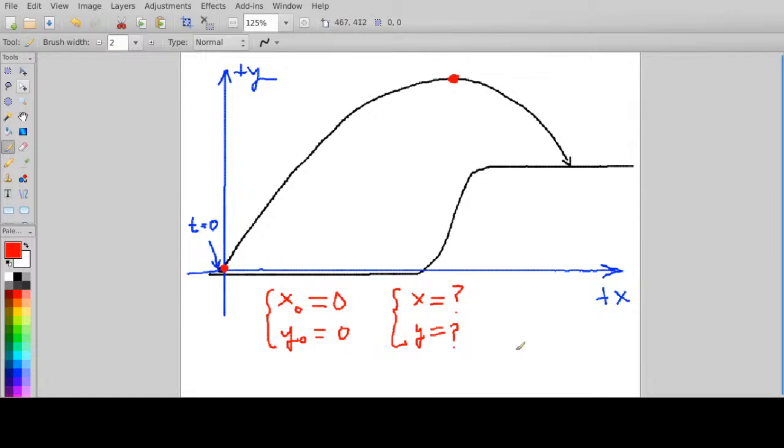In fact, that's one of the things you're trying to solve for, because I ask what is the maximum height. So as far as the final position goes, you don't know either the x component or the y component. Sometimes you'll know one, sometimes the other, sometimes both, but in this case you don't know either of them. So we've got the initial position, we've got the final position.